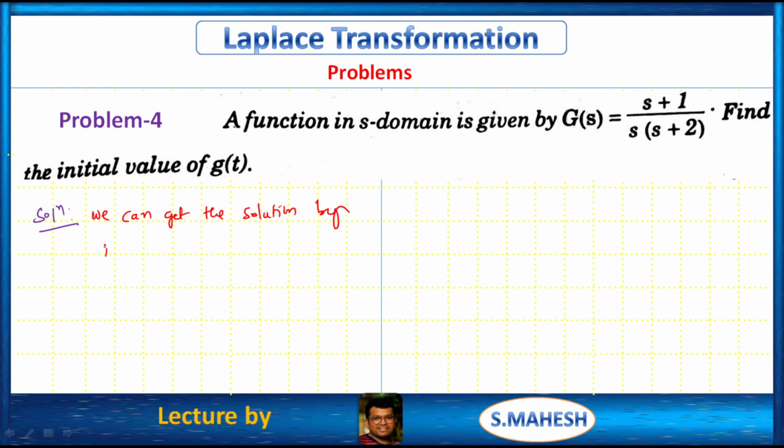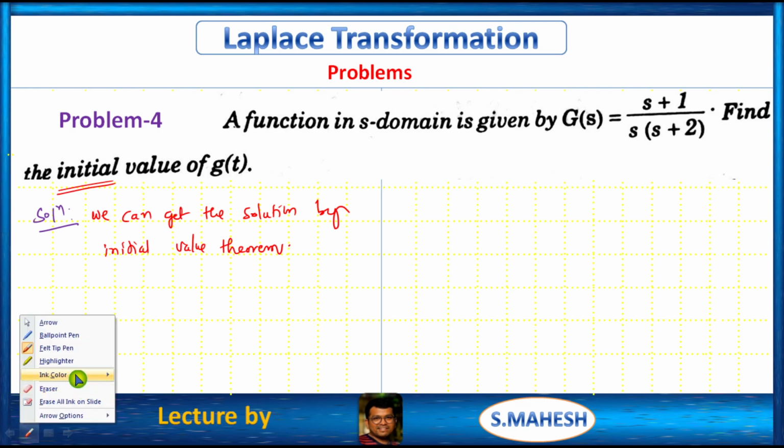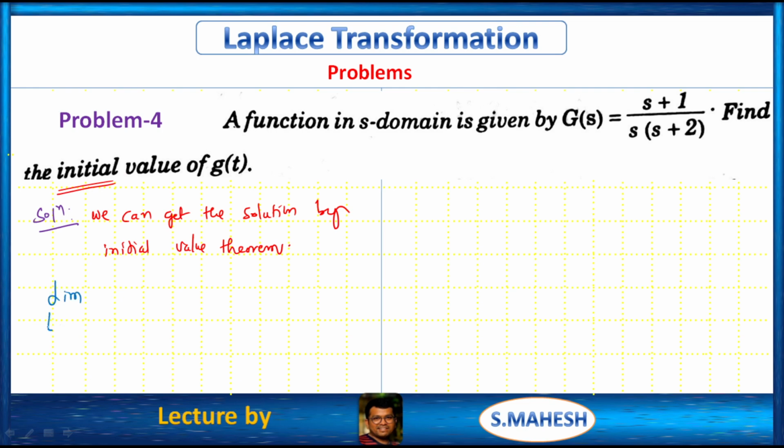Why is it the initial value theorem? Only because we want the initial value, that is, at the instant of switching. What is the initial value theorem formula? Limit t tends to 0 f of t equals limit s tends to infinity s into F of s.